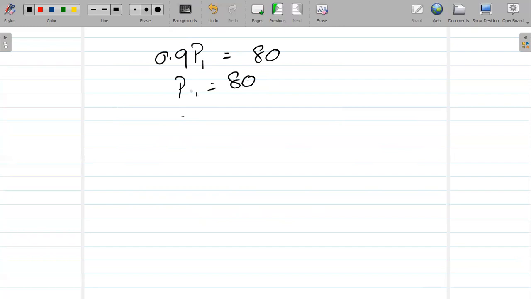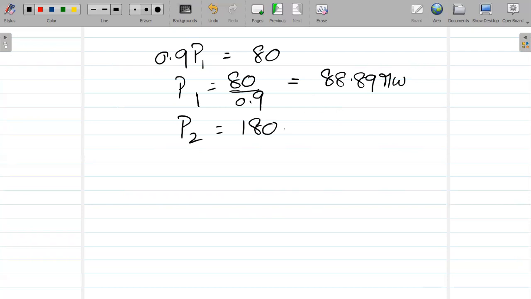or P1 equal to 80 by 0.9. So you will get 88.89 megawatt. The minimum limit is 25 megawatt, the maximum limit is 100 megawatt. So P1 is within the limits. Then see what is P2. P2 equal to the total load demand 180 minus 88.89, that equals 91.11 megawatt.